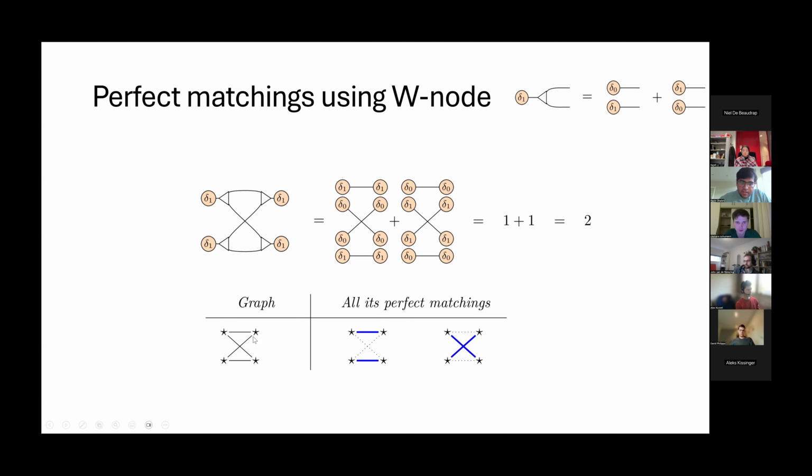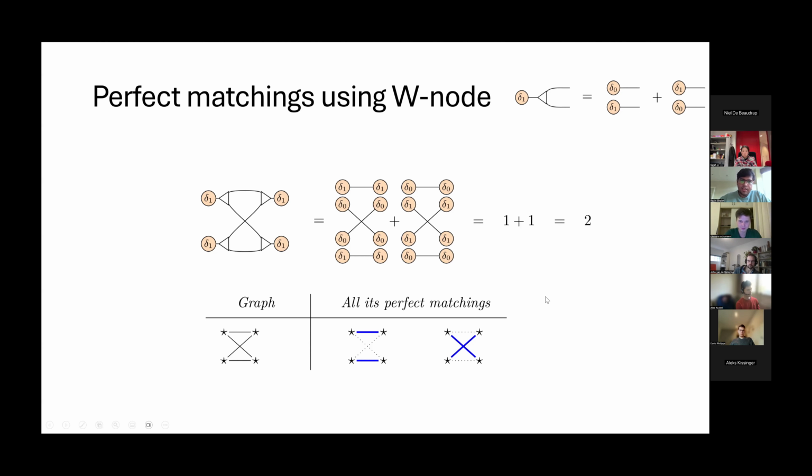So if you have this bialgebra-like graph here, you can replace all the nodes with this W with the ket1 input, and this diagram corresponds to the sum of perfect matchings. Here you can see that there are two perfect matchings, so you get 1 + 1, which is equal to 2. This follows because by inputting ket1 in the W, you are picking a path where the ket1 goes.